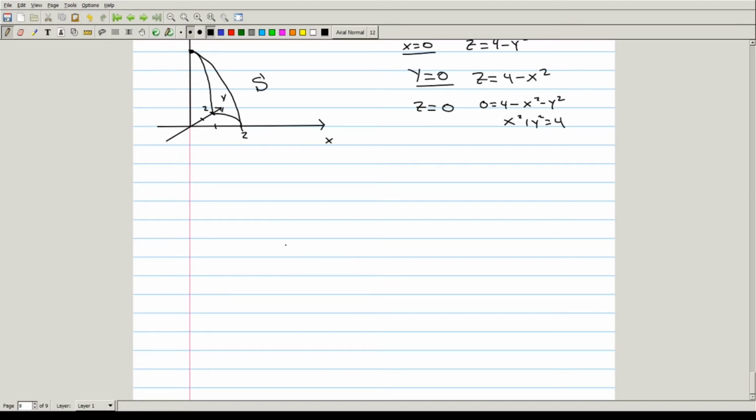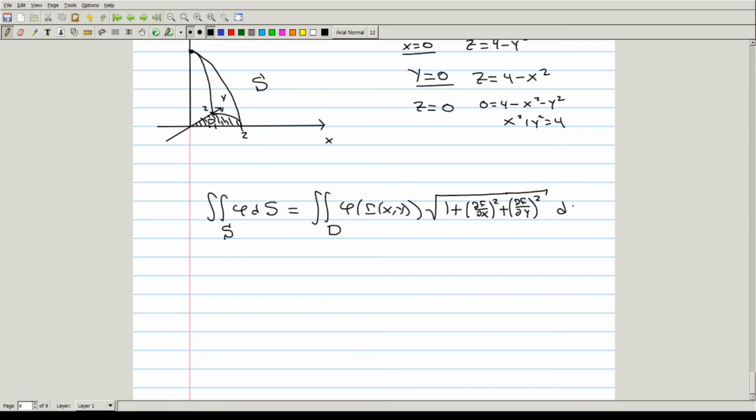So that formula in terms of x and y for the surface integral is equal to the double integral over this region, this domain D, of the function phi of r of xy times the square root of 1 plus df dx squared plus df dy squared, dy dx.